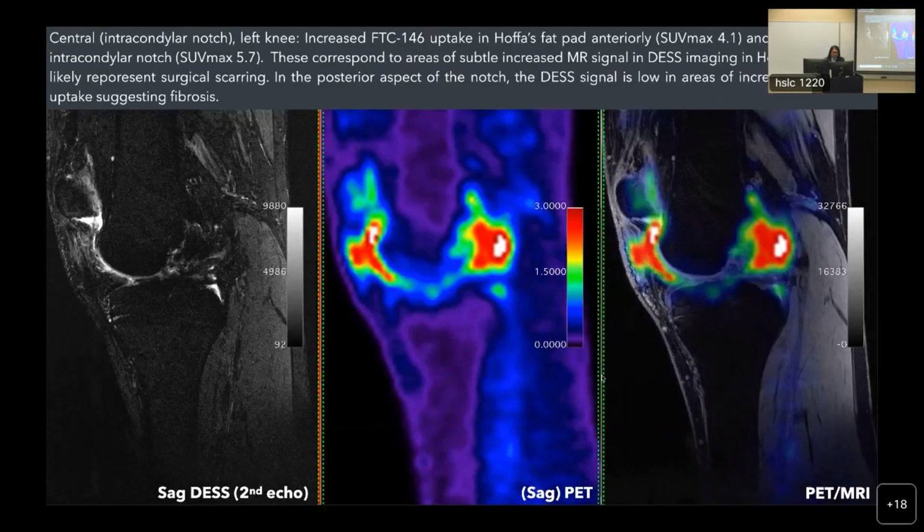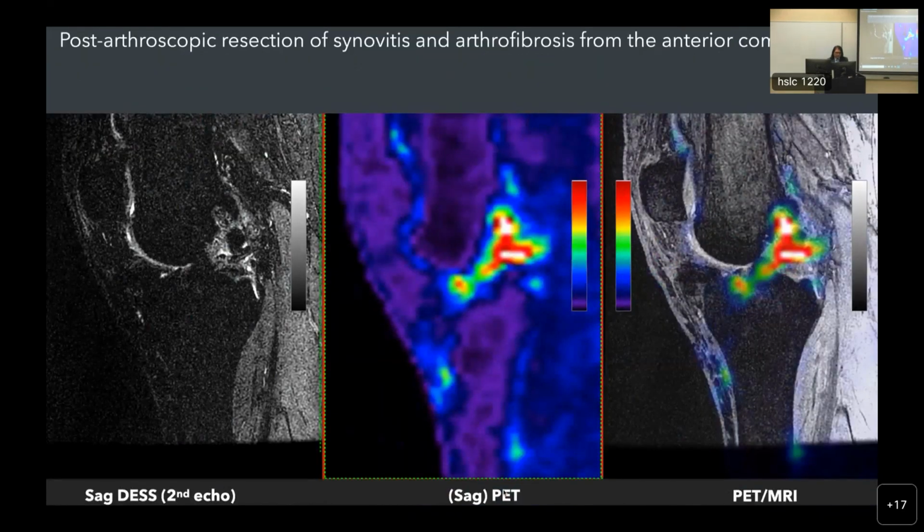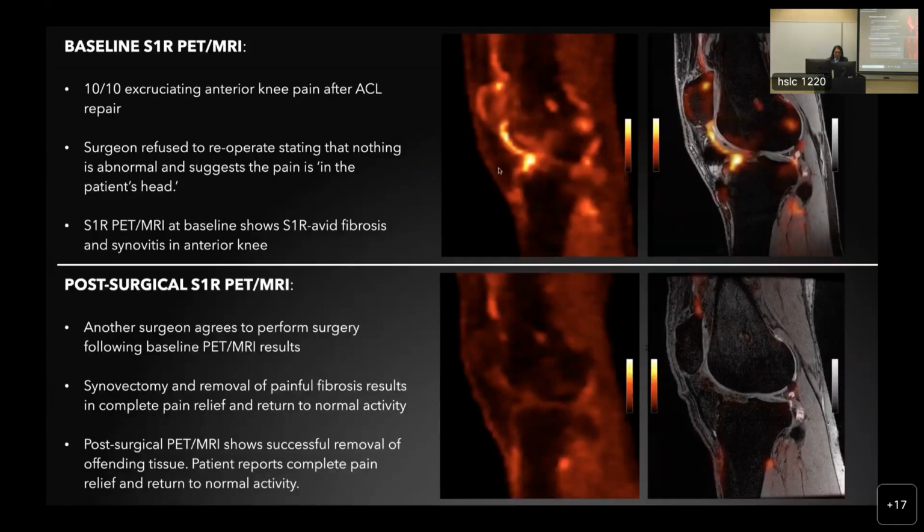So a lot of that is quite abnormal. A patient with no knee pain would have none of this here. It would just look like the background signal that you see in the lower part of the image. Again, this was thought to be what's called arthrofibrosis, which is an unfortunate outcome in a subset of patients with ACL repair, and it was painful arthrofibrosis.